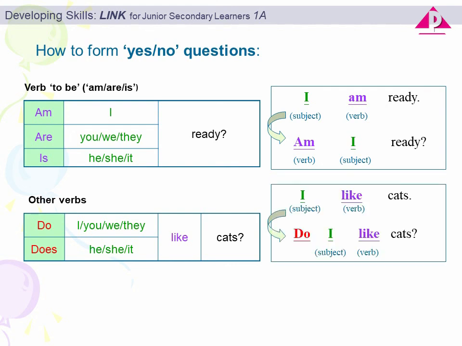Taking the verb like as the example again, I, you, we, or they is used with the base form do, forming the question, do I, you, we, or they like cats? He, she, or it is used with the third-person singular form does, forming the question, does he, she, or it like cats?